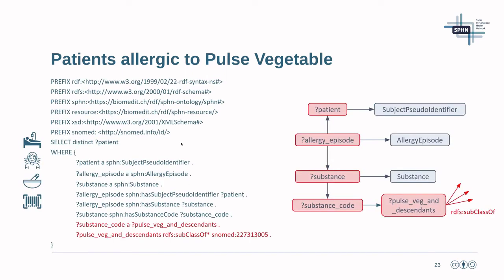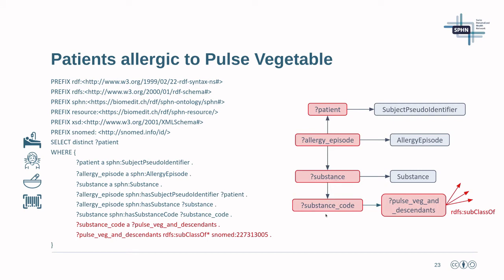So in order to query for patients that are allergic to any type of pulse vegetable, we have the same sort of schema from our graph pattern to begin with. So we have our patient, we have an allergy episode connected to a substance, and this is where the change occurs.